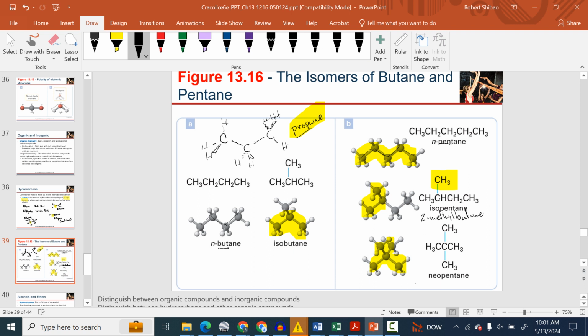This one could be called 2,2-dimethylpropane. So the propane comes from the 3-carbon chain here. We have a 3-carbon chain, and then on the 2 carbon we have a methyl, and on the 2 carbon we have another methyl, so we call it 2,2-dimethylpropane.